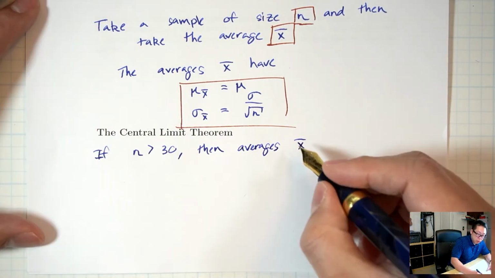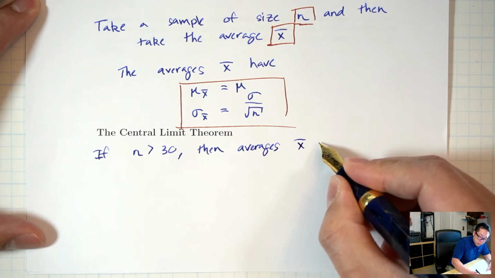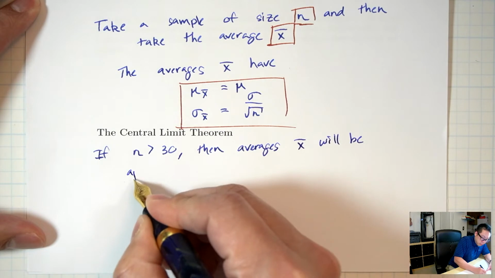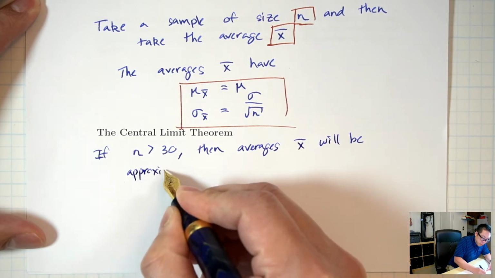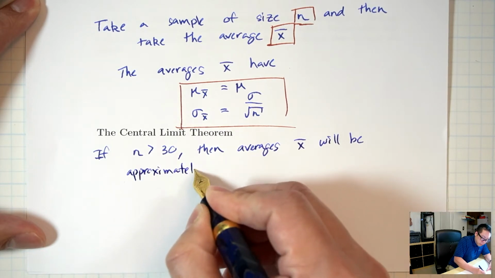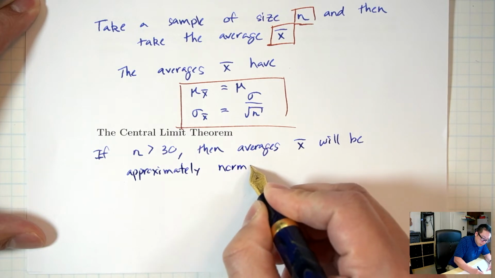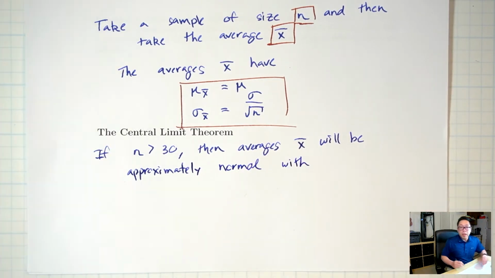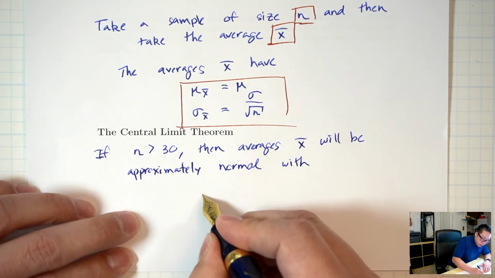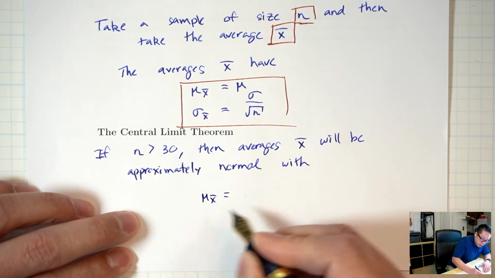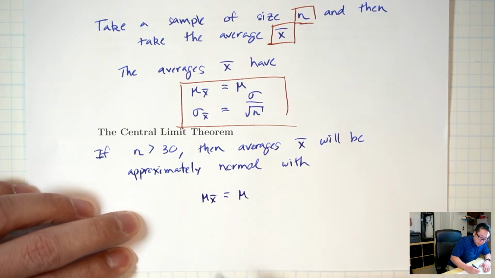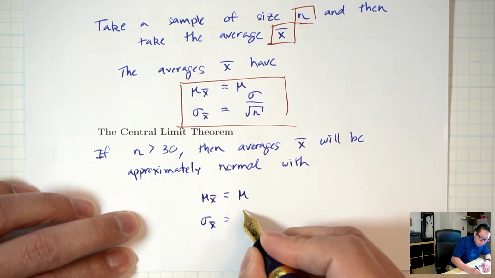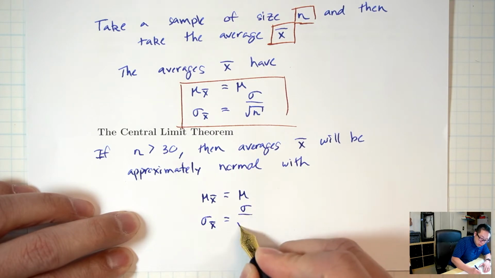Then the bottom picture will be approximately normal, and it will have a mean that's equal to the original mean, and it will have a standard deviation that's going to be equal to the original standard deviation divided by square root of n.